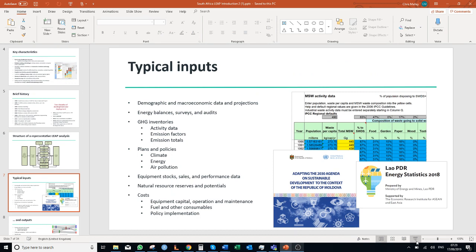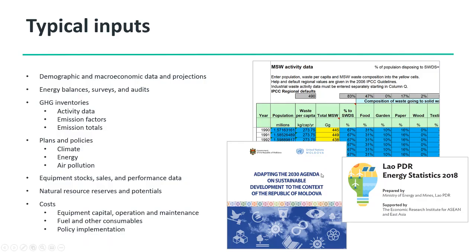So I hope that makes sense. When developing the LEAP dataset, we would need to discuss exactly how you would like to look at different sectors. But typically, the input data that is required are data on demographics, on population, on GDP, data from an energy balance, if you have that for the city, or from surveys and audits.